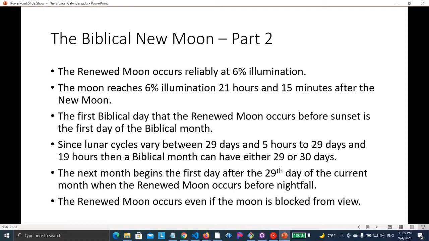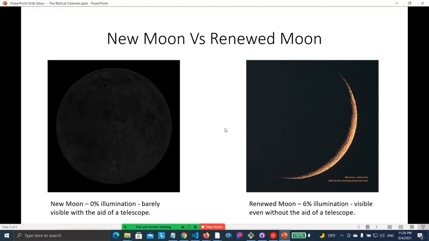But does that mean the renewed moon didn't occur? Well, by the time they saw it, it was a half moon, a quarter moon. Does that mean it didn't occur? No, it just means they couldn't see it. So it's important to understand it occurs whether you see it or not, and we'll see why that matters a little later.